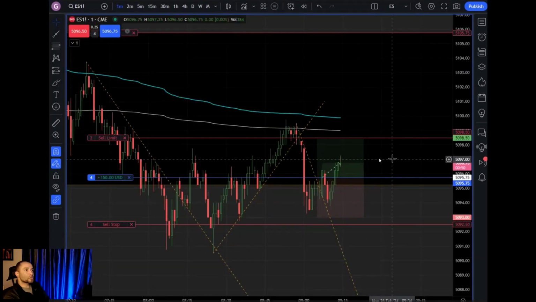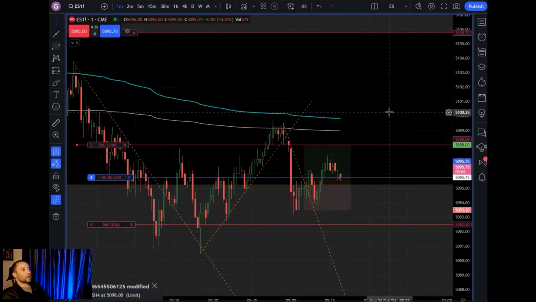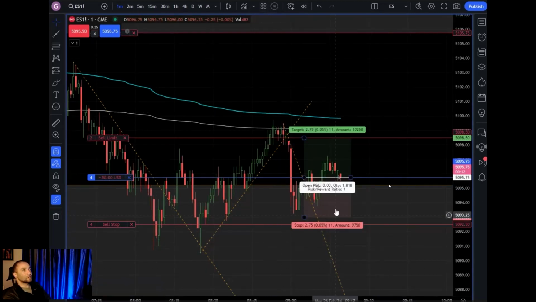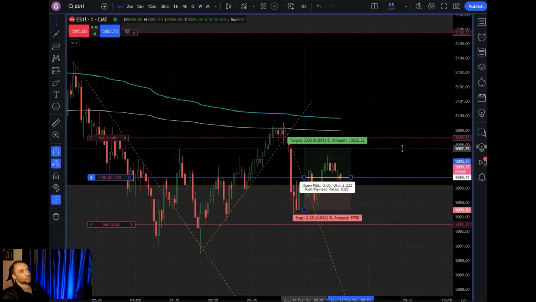Okay, so we're starting to push up a little bit here towards my profit target, my first target. Okay, this thing right here is starting to look a little bit like a bull flag. Now something that I did here is I got a little bit nervous. So what I started to do was I started to pull up to measure moving my stop loss right below this swing low so that I can get to risk neutral a little bit sooner because I started to get nervous that I was going to get stopped out again.